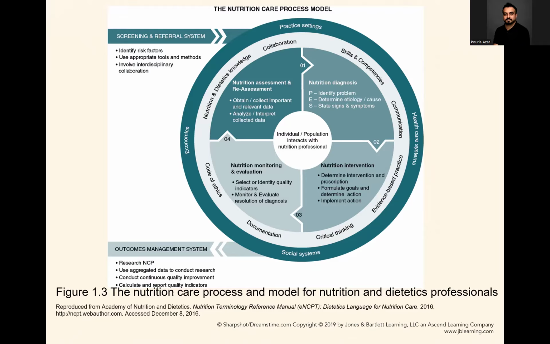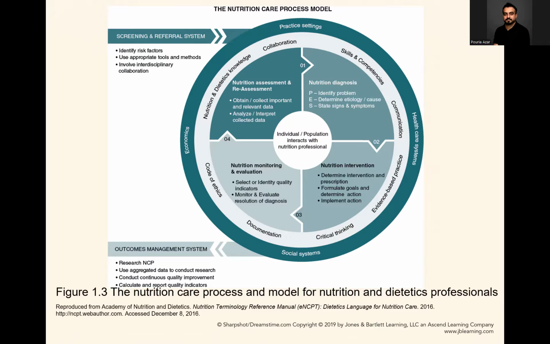But again, the first step is nutrition assessment. Then we move on to nutrition diagnosis. Based on the nutrition assessment we had, we identify a problem, then we determine the etiology and causes of that problem, and then we record the signs and symptoms of that problem.